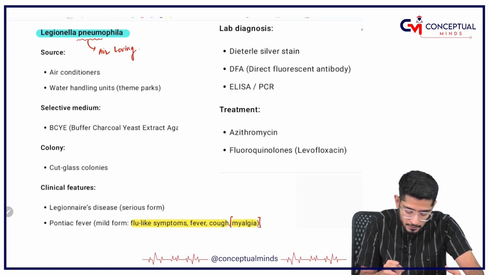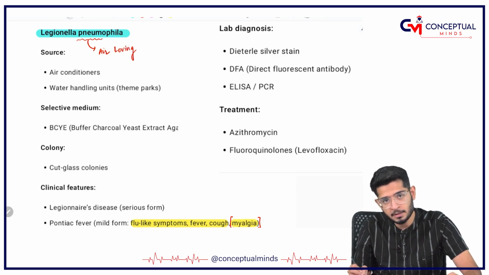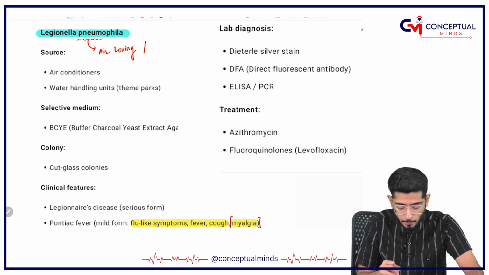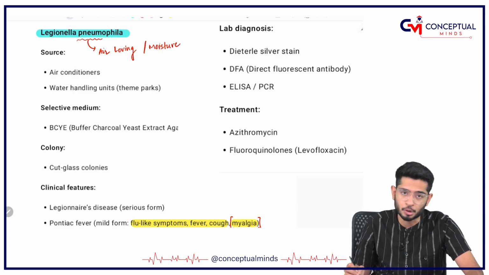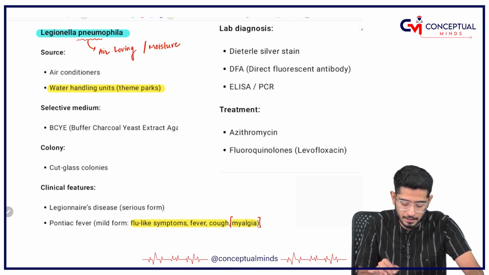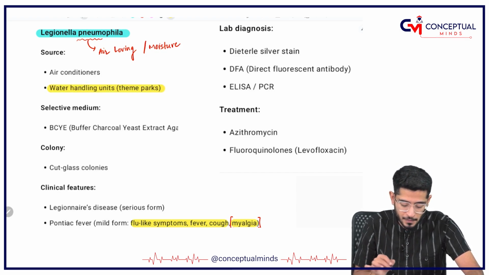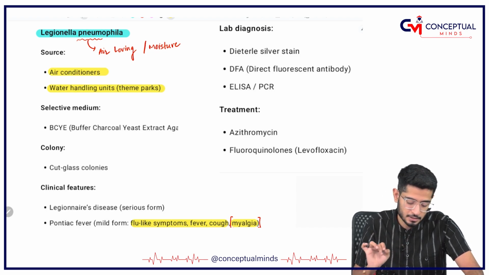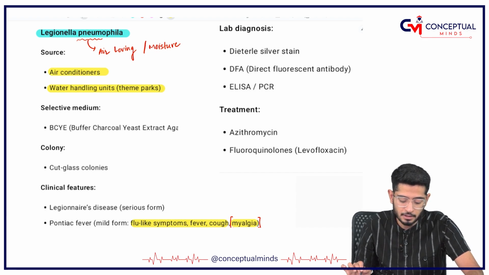Whenever there is air or moisture coming, then the Legionella is going to grow. Where will there be moisture? Where there is a lot of water, like water handling units, theme parks, and air conditioner, cold air, moisture is also going to be there.